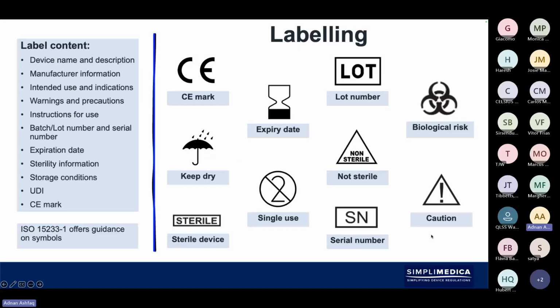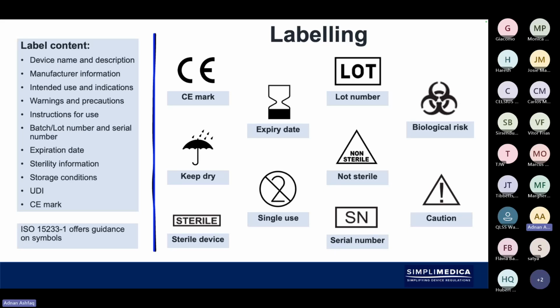So, as I mentioned earlier on about labeling, these are just some examples. That's not an exhaustive list of label symbols that you should be thinking about on the label. So if you're selling in the European Union, then you need to think about the CE mark.